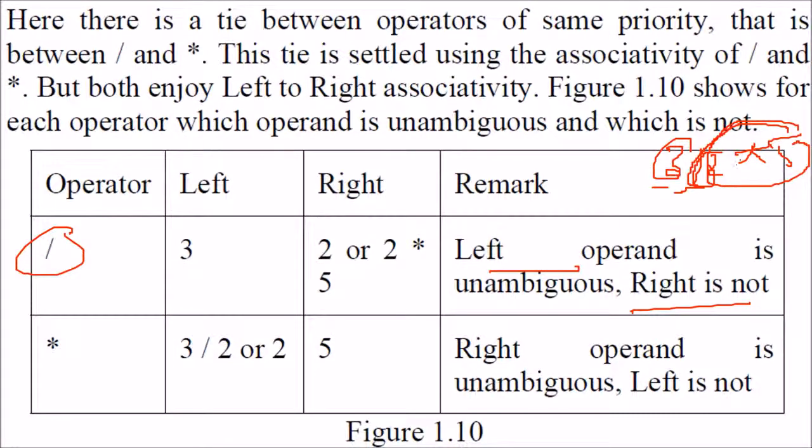And if we take the star, the left hand side is ambiguous. The right operand is okay, 5 is clean, but on the left we don't know whether it is 3 by 2 or it is 2 that we have to take.